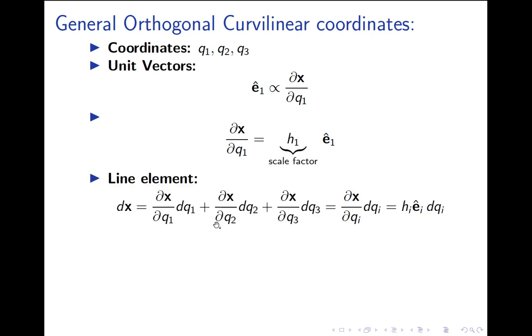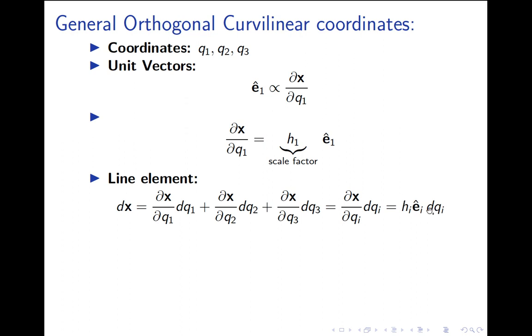And the line element is written in this way. All we are using is rules of multivariable calculus. We have a vector, and a small change in it is because of small changes in these coordinates. So in general, using the Einstein summation convention, dx is del x del qi times dqi, and del x del qi, as I said, is the unit vector along the ith direction times the scale factor.